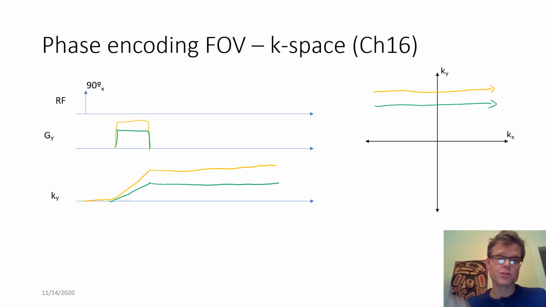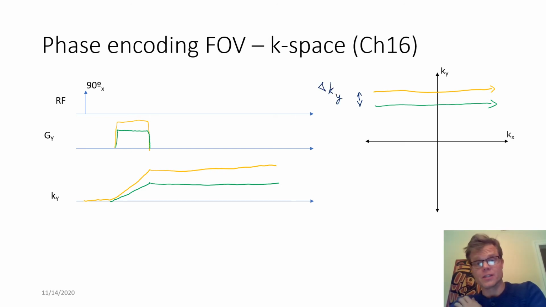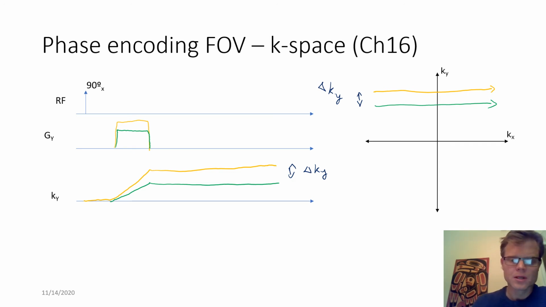So the trick from the Nyquist theorem to define what the phase encoding field of view is, is to figure out the spacing between our phase encoding lines in k-space. What is this delta ky? It turns out we can look at this also in terms of gradient areas.